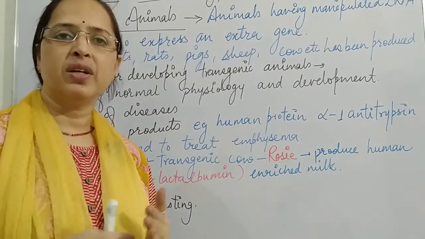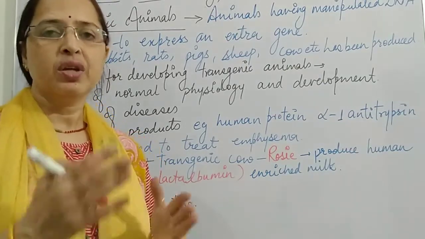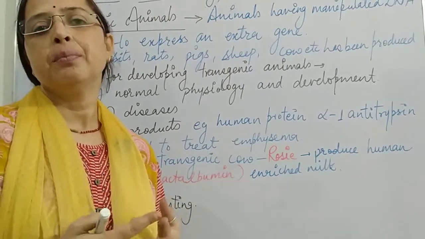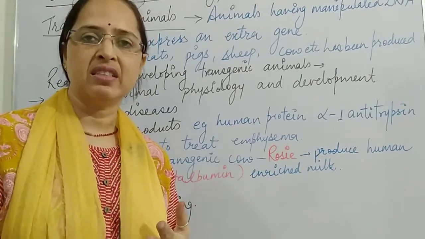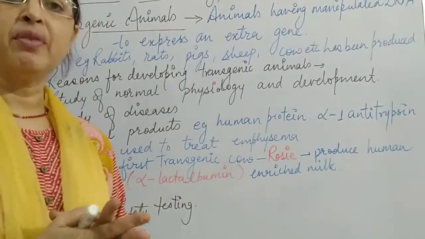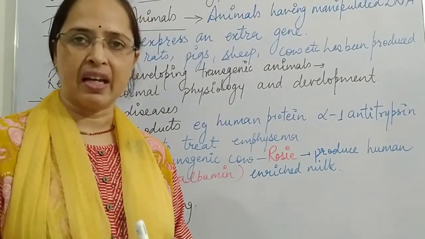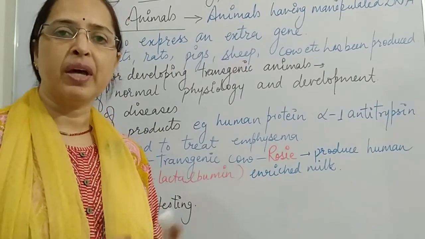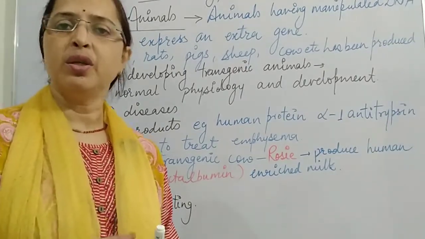Nowadays we are all expecting the corona vaccine, and we read news in the newspaper that the vaccine is being tested or will come. When a new vaccine comes, it is first tested on transgenic animals, and when it is approved, that means it does not show any adverse effect, then it is used on human beings.